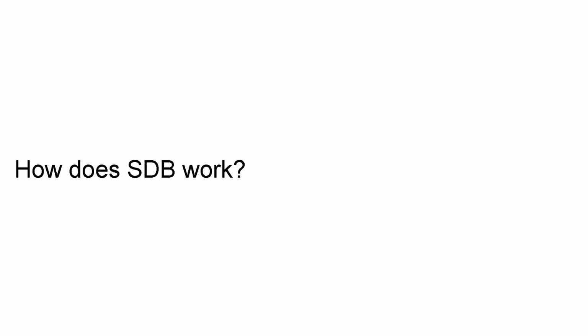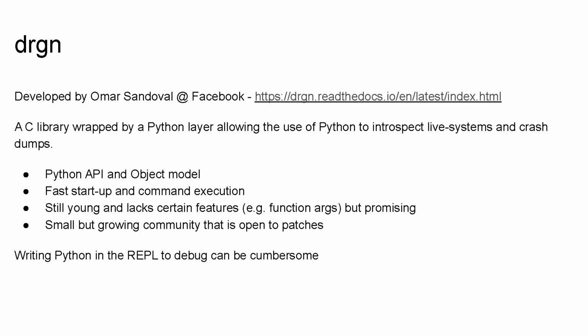All right. I have even more examples, and we can talk about them during questions if we have time, but I just want to quickly go through how SDB actually works. You can't talk about SDB without talking about Drgn. Drgn is a small C library with Python bindings developed by Omar Sandoval at Facebook.